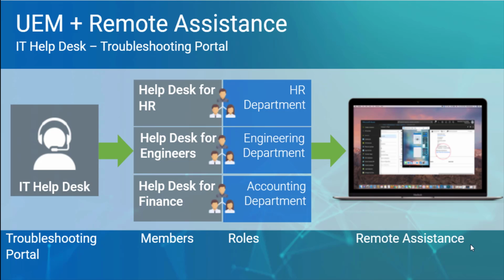And after a connection has been established, the admin can take full control and is able to view in real time hardware performance, system information, transfer files, manage mobile apps, push Wi-Fi settings, and engage with the user via the chat feature.